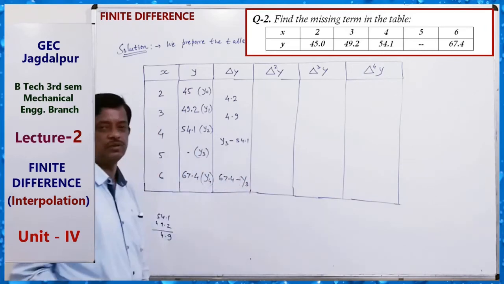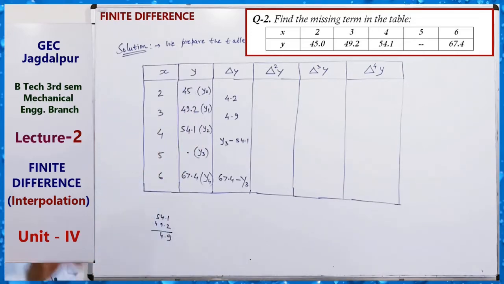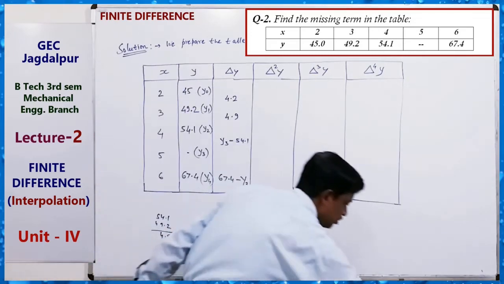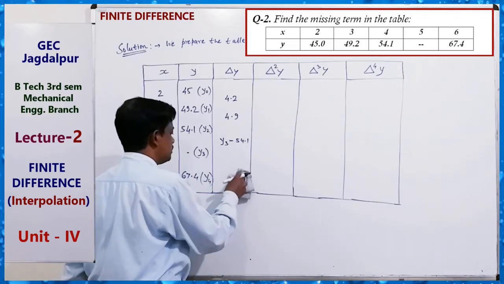This is the missing value y3, we have to find. Now difference table creation is very simple, so just write the differences.